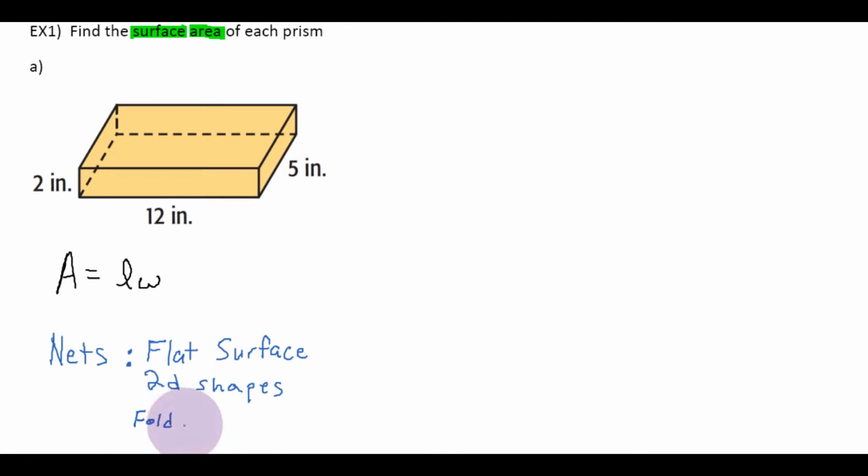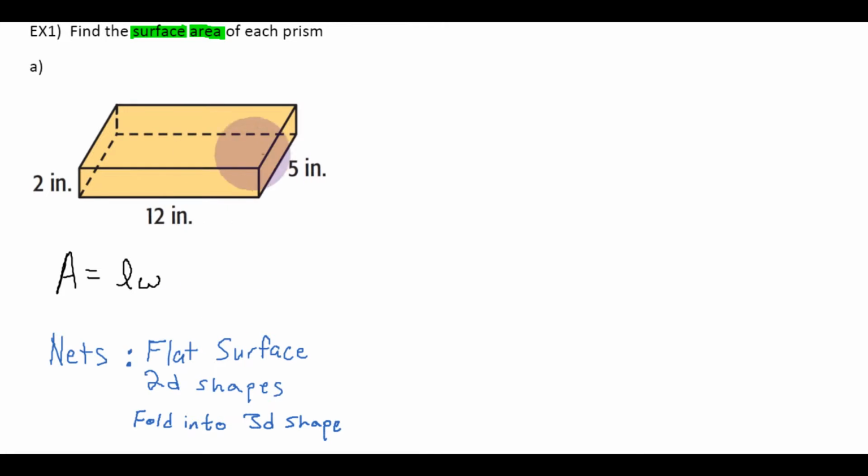They fold up into the 3D shape you're dealing with. Okay, so that's what a net is. I'm not going to draw nets in this video. You can look at some of my other ones, or look through the textbook if you want a good idea of how you can draw nets for each individual shape.